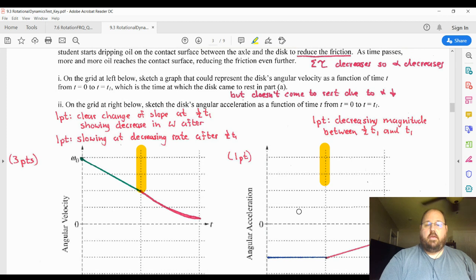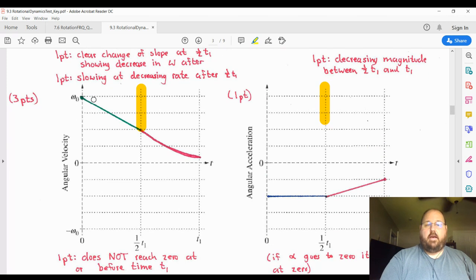So really, for the first part of our graphs, we should just copy what we have from part A. We should still start at omega naught, and we should still slope as if we're going to go to 0 by the time we get to t1. Over here, we should just draw a flat line wherever we had it before. Nothing's different about this situation compared to the first situation until we get to time 1/2 t1.